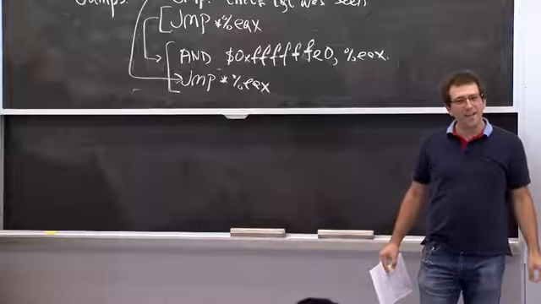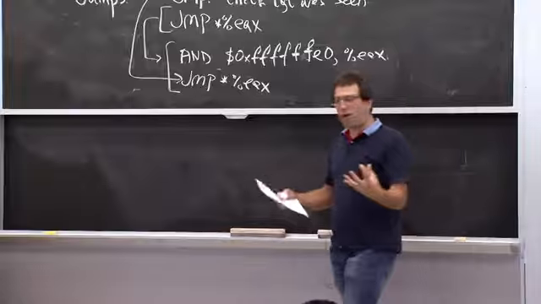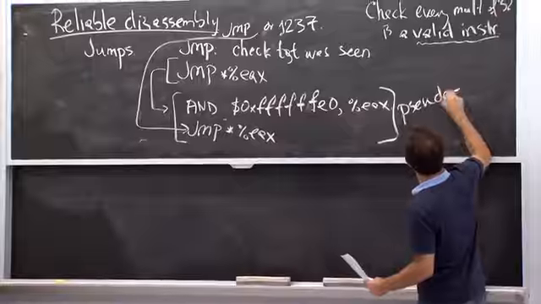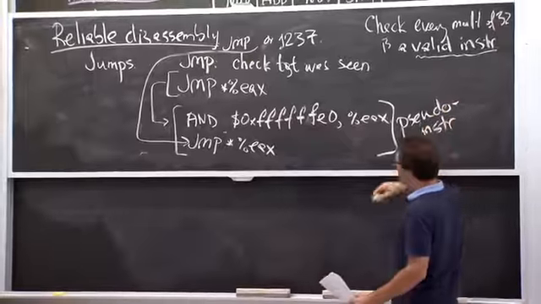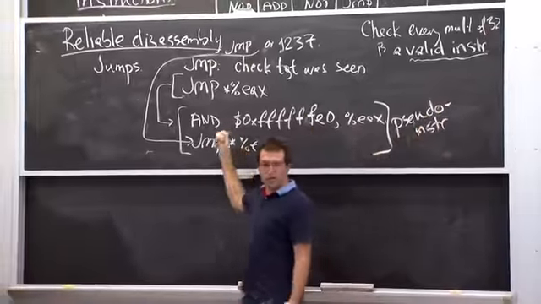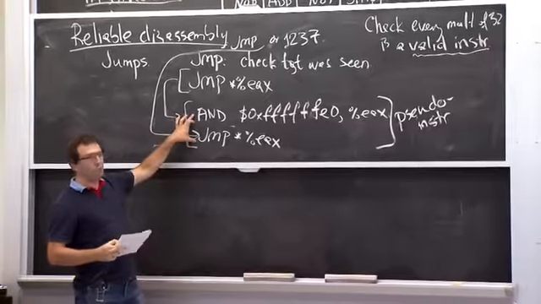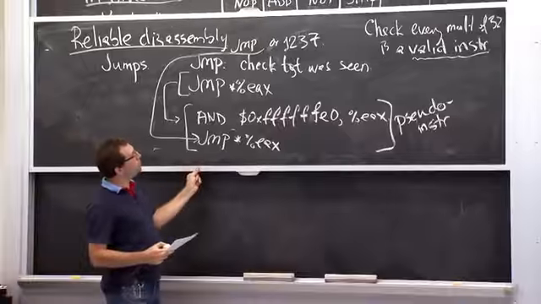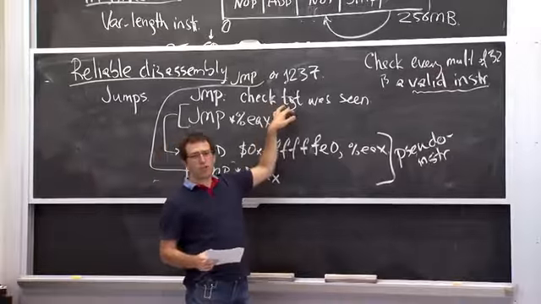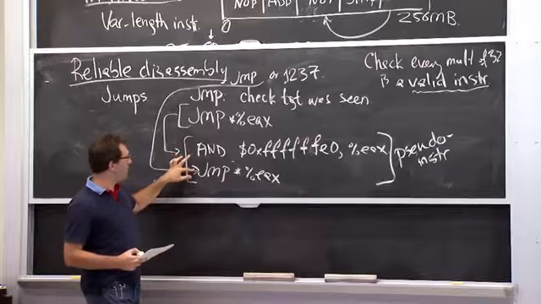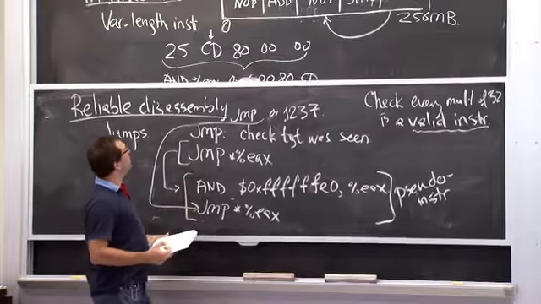Well, the NACL validator should treat the AND and the jump as a single instruction. Yeah, so this is why they call this thing a single pseudo instruction. And even though at the x86 level they're actually distinct instructions, as far as the NACL validator thinks of it, it's actually a single atomic unit. So as far as this check for whether it's an instruction that you saw before, they think, oh, this is the only instruction that I saw before. Jumping in the middle, it's like jumping in the middle of this guy.